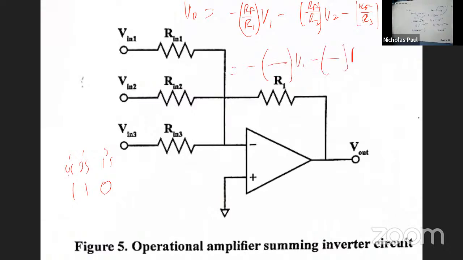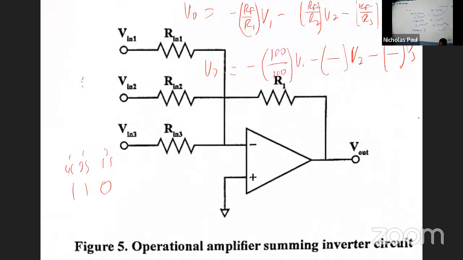Any answers online? What do y'all think we could use here? So what did y'all decide? RF is what? Hundreds? So 100 over 100.